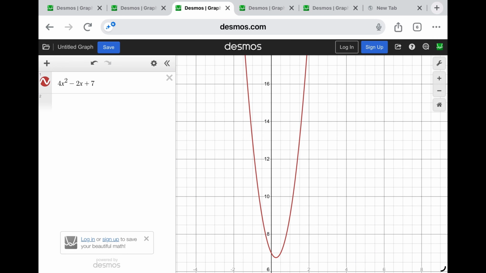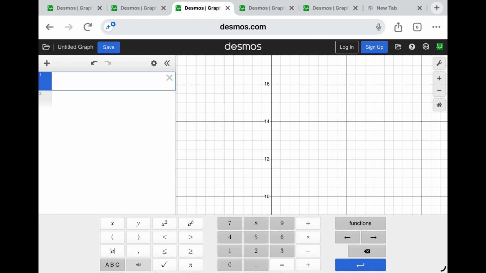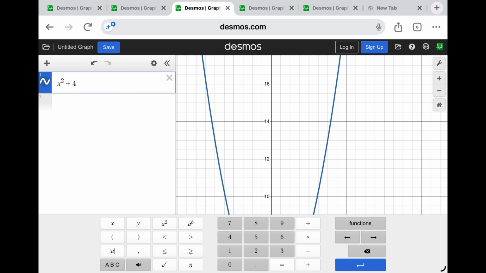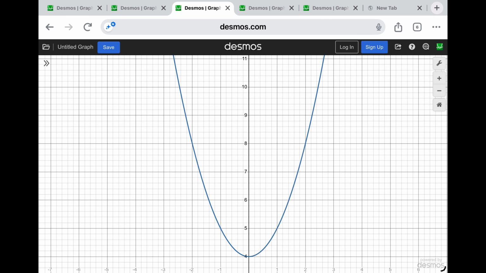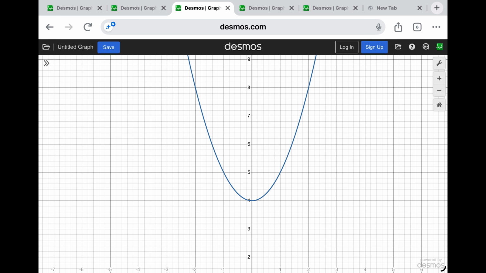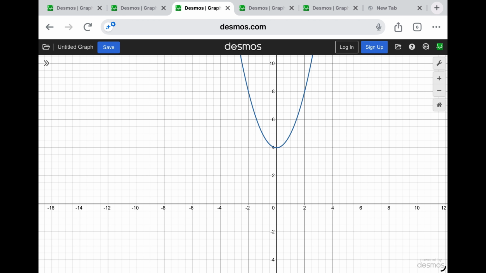Now I'm going to do some simple ones, and I want you to pay attention to them. Let's go with x squared plus 4. What do you notice? Let's zoom out. X squared plus 4 does not cut the x-axis at all.